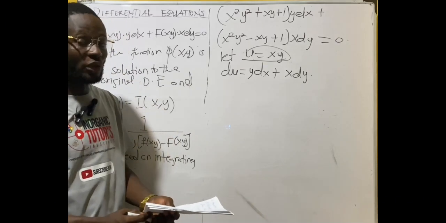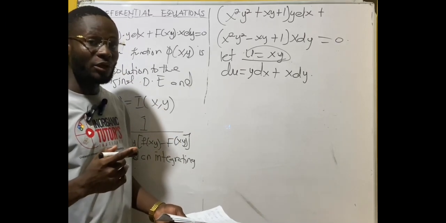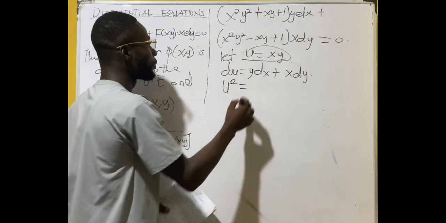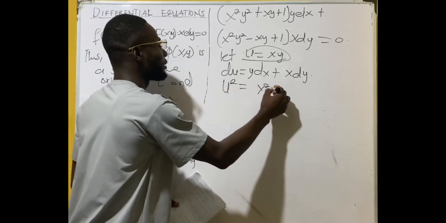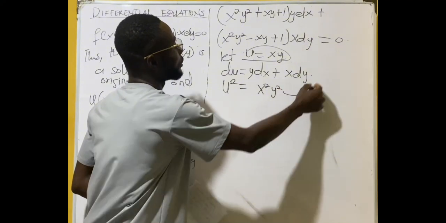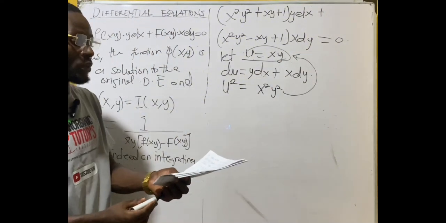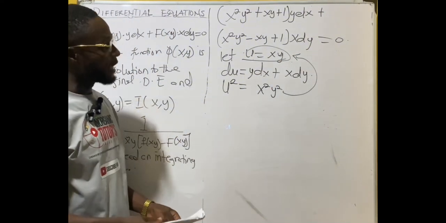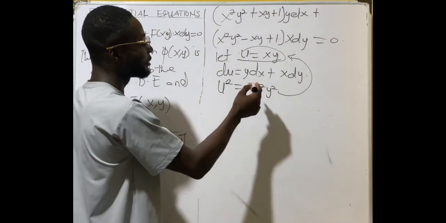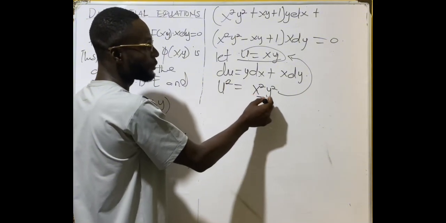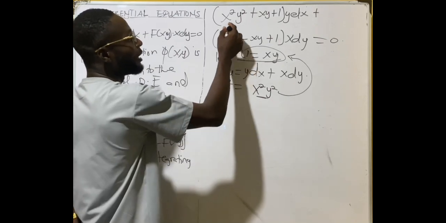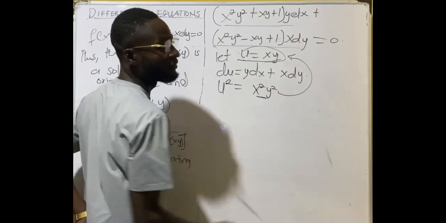If that is going to work, then recall that we said u squared should be equal to x squared y squared, and as well, u should be equal to xy. So since we've recorded that, let's do that substitution into the differential equation.